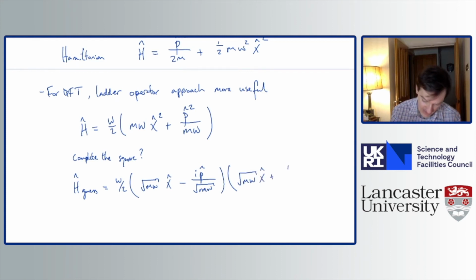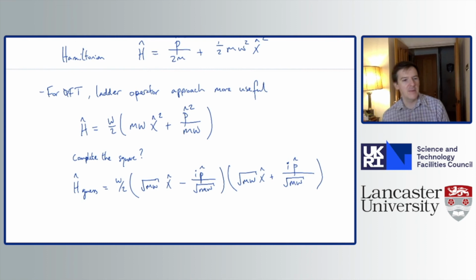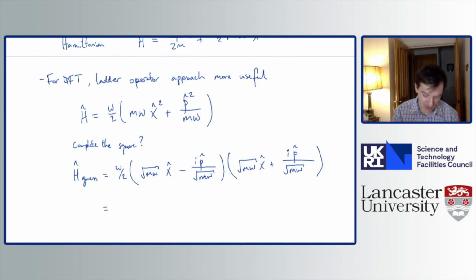And in the classical theory, you can quickly see that this would give you another way of writing the Hamiltonian above, but we're not in the classical theory. We have to be a little bit more careful because of these commutation relations. So let's double check to see if this guess for the Hamiltonian is the same as the Hamiltonian above. We can do that by just multiplying out the expression.